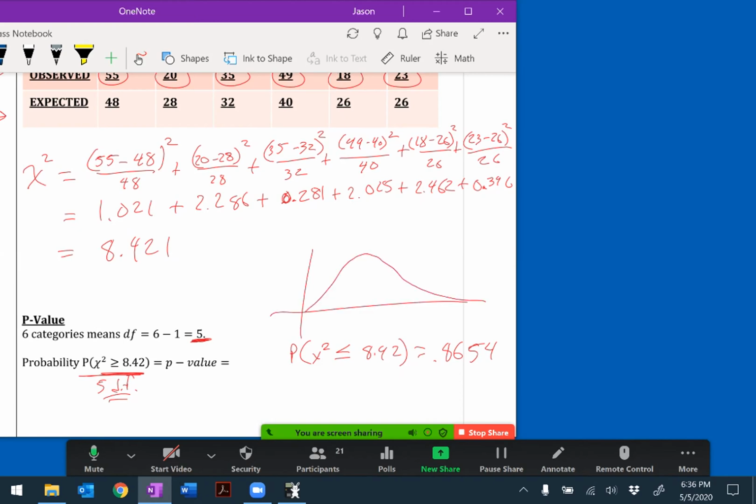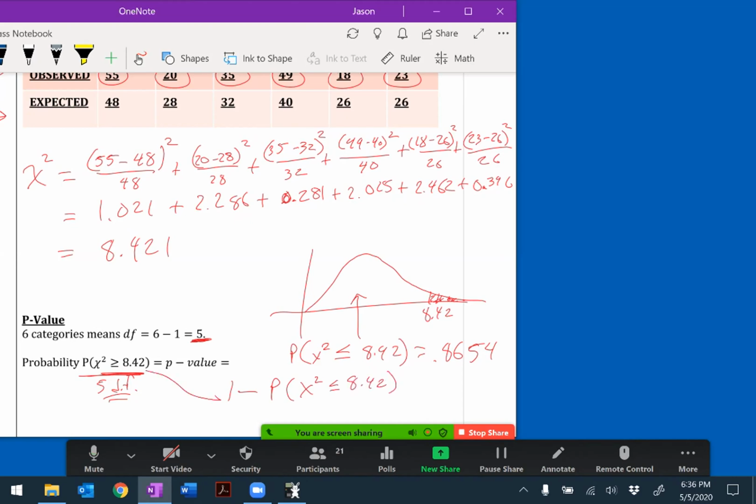Now there's a problem, though: the probability is not what comes before it. The probability is what comes after 8.42, right? What is this cumulative distribution telling me? It's all the stuff that comes before. So how do I get the stuff that comes after? I reverse the inequality and subtract from 1. So this is 1 minus the probability that chi-squared is less than or equal to 8.42.